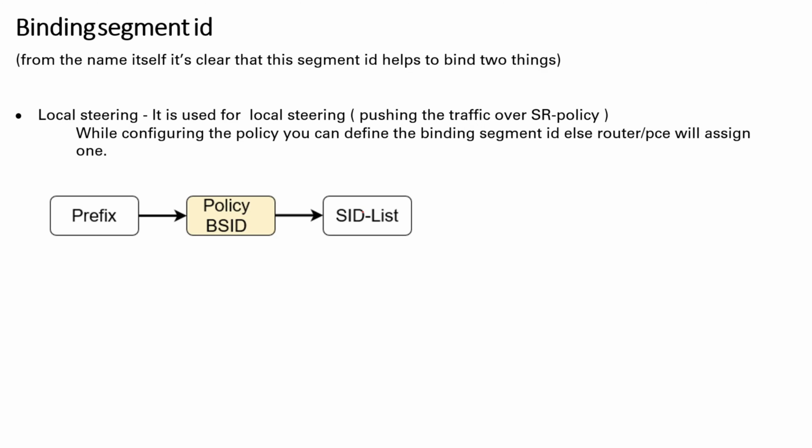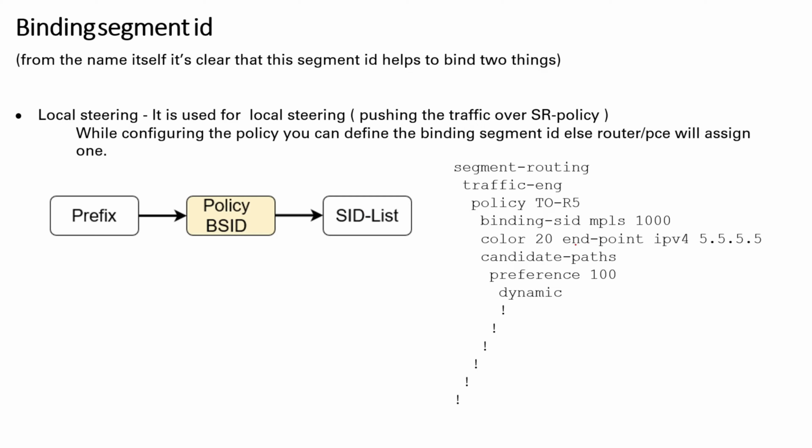In that case, the prefix will point towards that particular binding SID and it will point towards the SID list. If you don't have a binding SID, then the policy will not come up. So let's say we have configured the SR policy for the endpoint 5.5.5.5 and we have defined the binding SID as 1000.